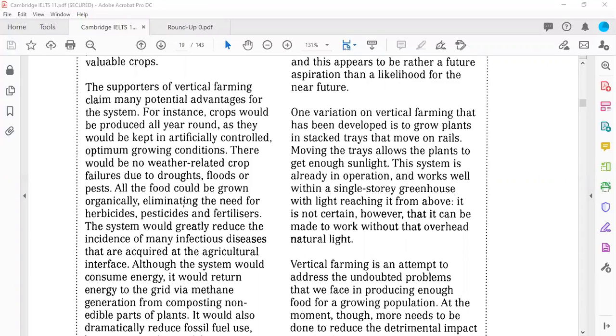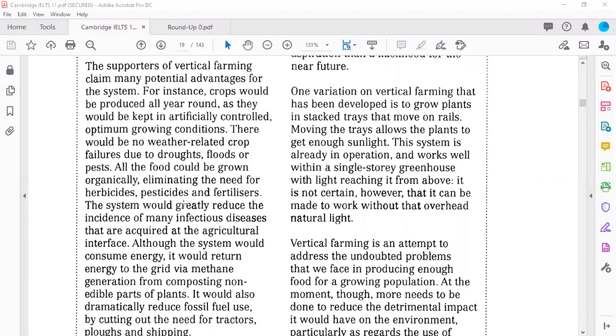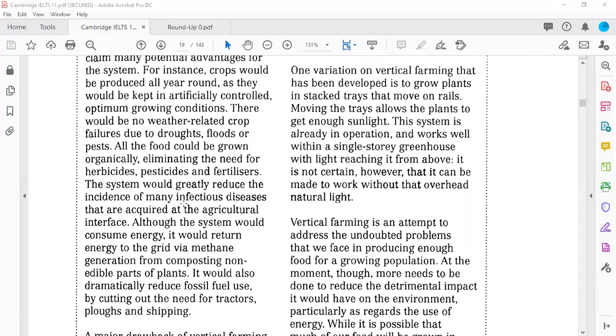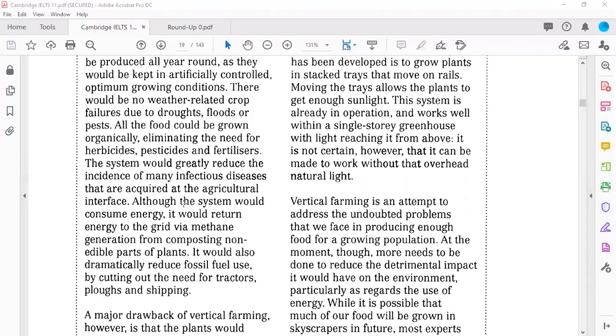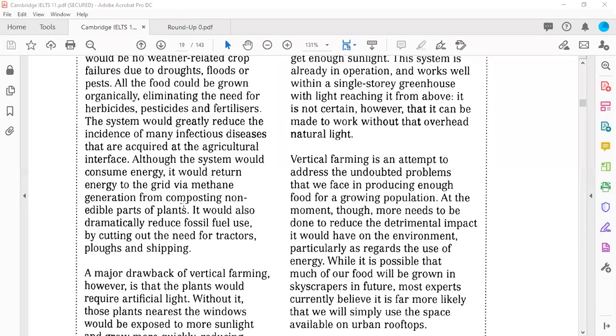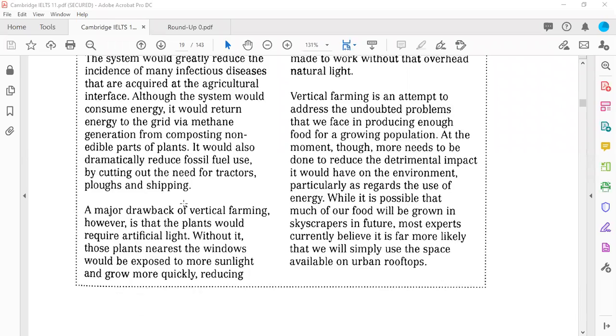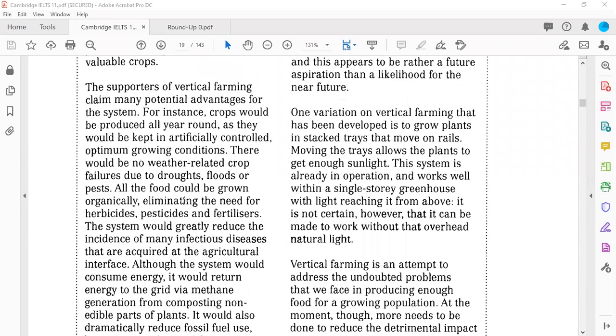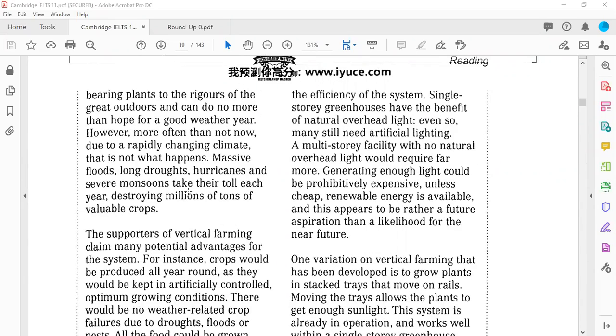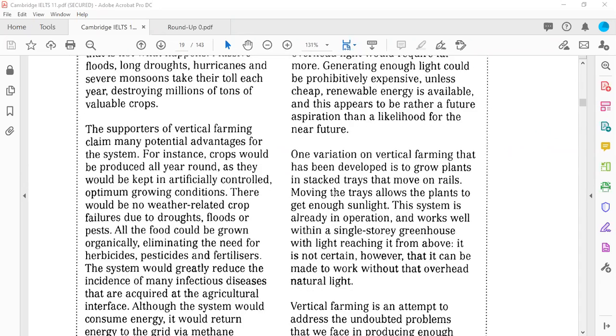Think of plants and... I can't find the answer.